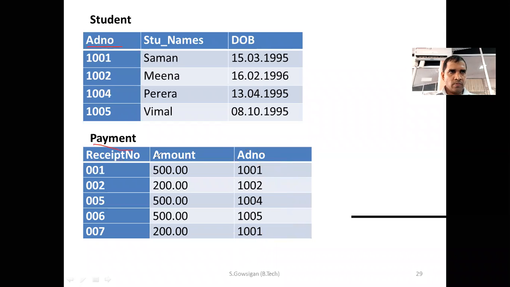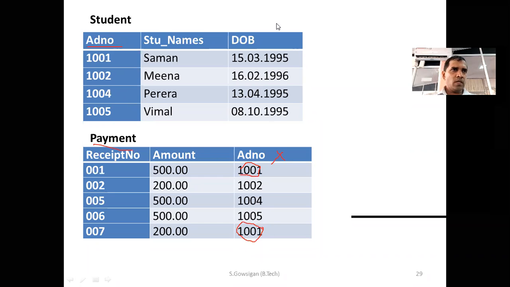In the payment table, you cannot select this admission number as primary key because look here, 1001 is repeated, right? So you can't say that the admission number in the payment table is the primary key. But in the student table, that is the primary key because it has unique data. But here in the payment table, this ADNO cannot be the primary key because it doesn't have unique data, which means it has duplication. 1001 is repeated.